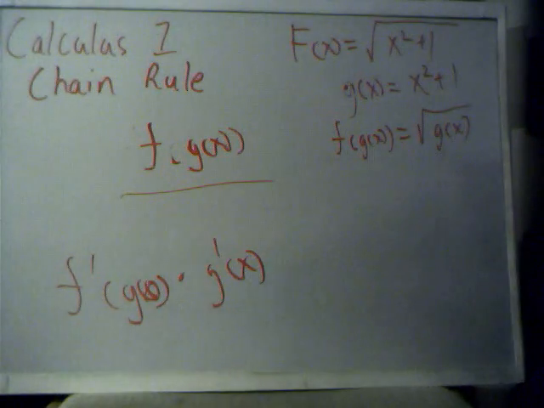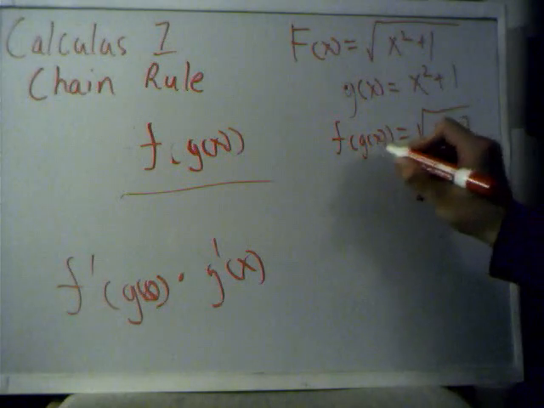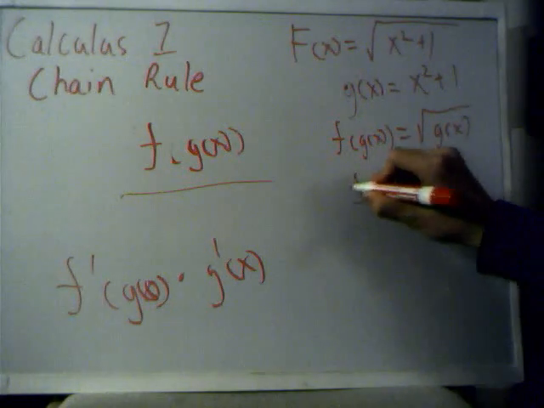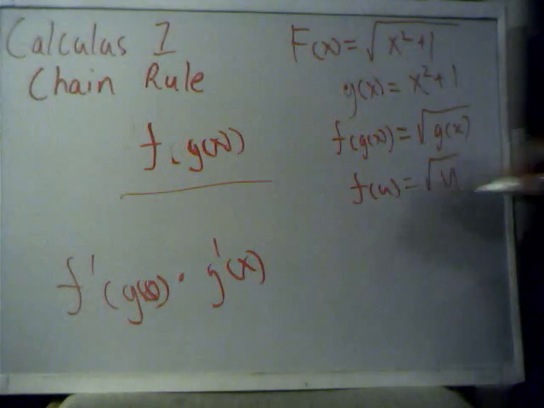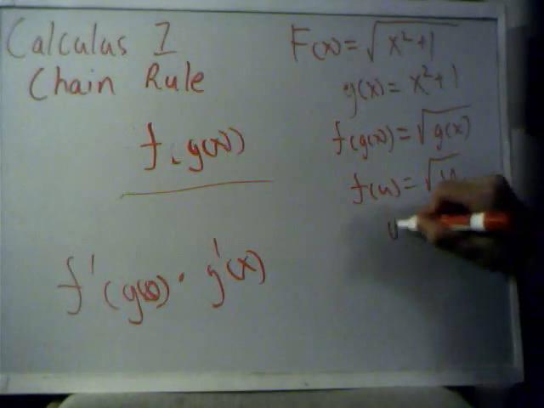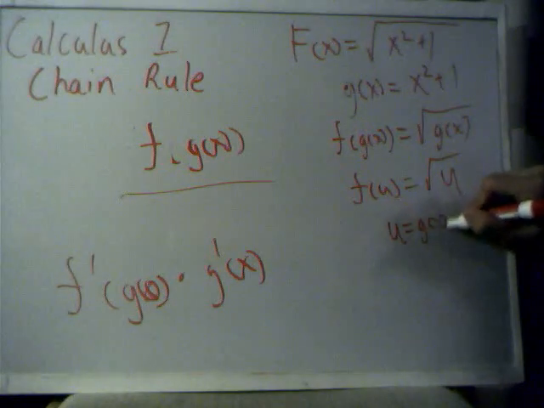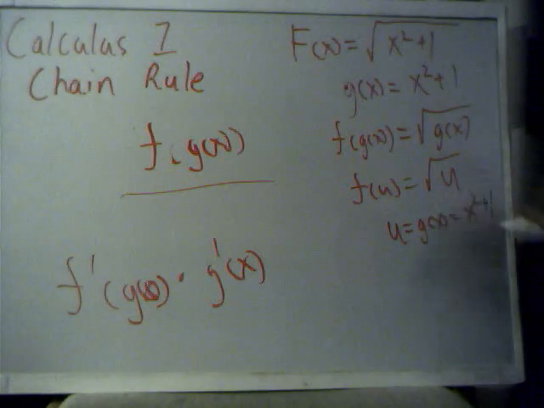So right now I'm going to introduce you to a new rule called u substitution. What u substitution is, it's pretty straightforward. You simply replace whatever is in these parentheses with u. So it becomes f of u is equal to square root of u, and just make a note that u is equal to g of x, which is equal to x squared plus 1.